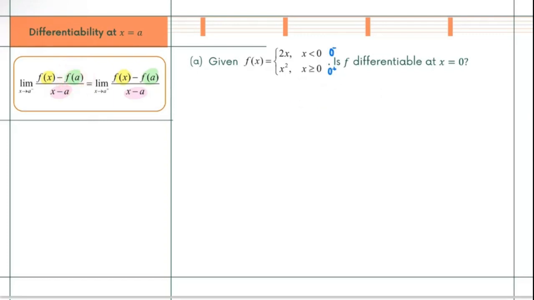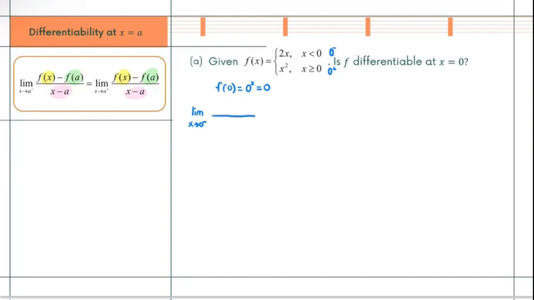So dekat mana yang ada equal, itulah value of f0 kita. So in this case, my f of 0 will be x squared. So 0 squared, kita dapat 0. Okay, now let's find out the value of the limit as x approaching 0 negative.